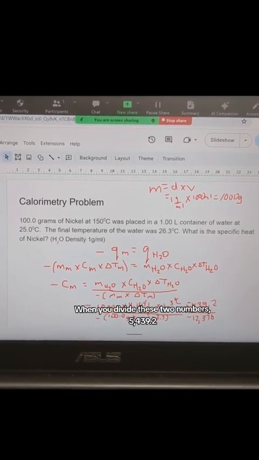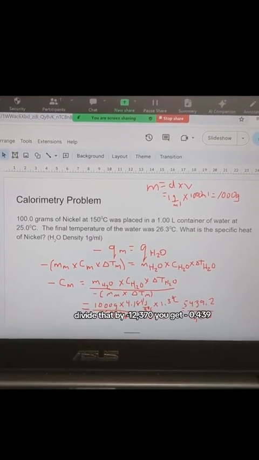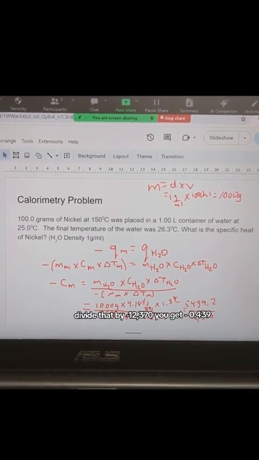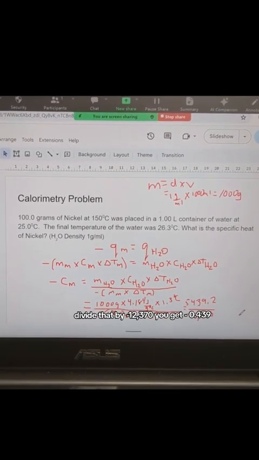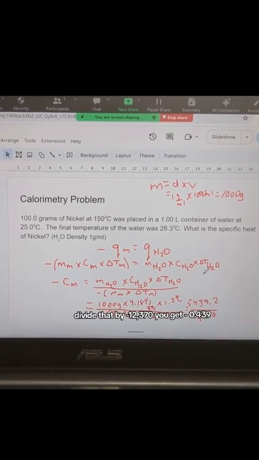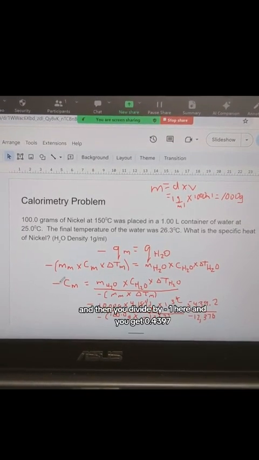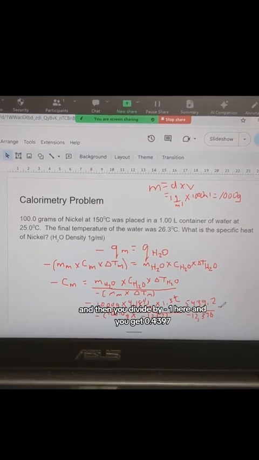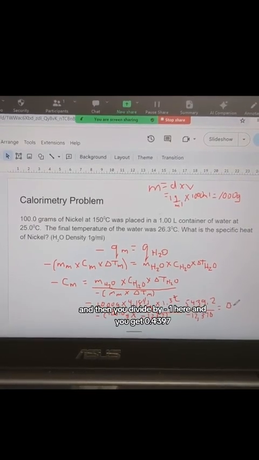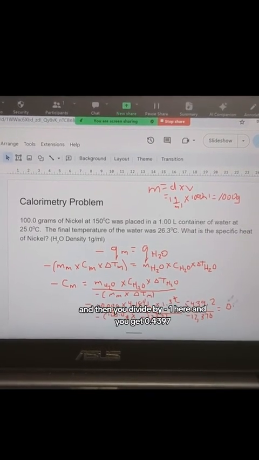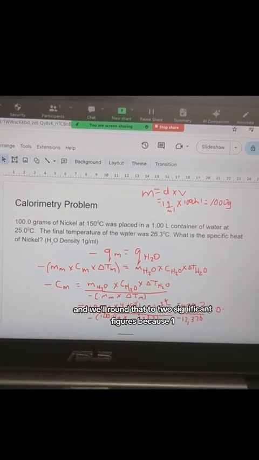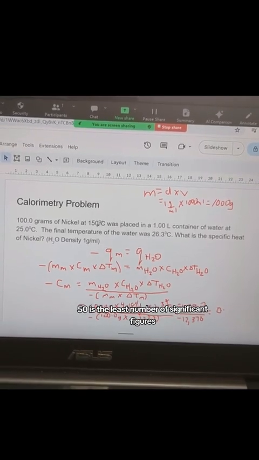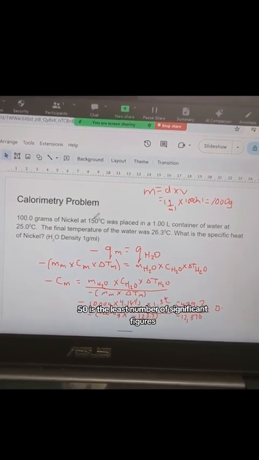When you divide these two numbers, 5,439.2 divided by negative 12,370, you get negative 0.439. And then you divide by negative 1 here, and you get 0.4397. We'll round that to two significant figures, because 150 is the least number of significant figures.